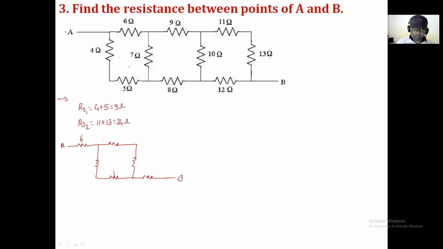This is 6 ohm, this is 9, this is 7 ohm, this is 10, this is 8 ohm, and this is 12. And now this 9 ohm is to be connected here, and this 24 ohm is to be connected here.